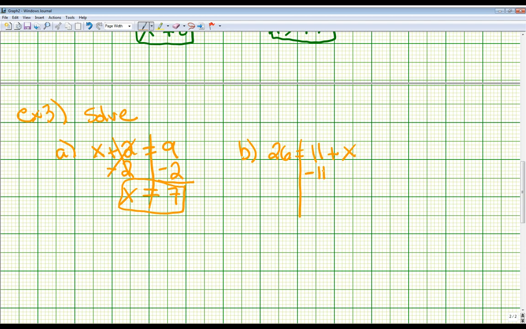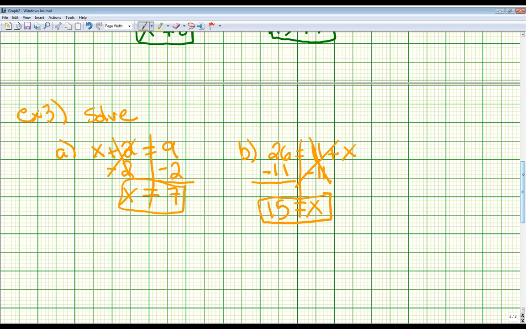So since I'm subtracting 11 from the right, I have to subtract 11 from the left as well. Adding 11 and subtracting 11 are inverse operations with the same number, so those cancel each other out. And I have an x left over here. I bring down my equal sign on my balance bar, and now I have to subtract 26 take away 11. When I do that, I end up with 15. So the solution to my equation is x equals 15.